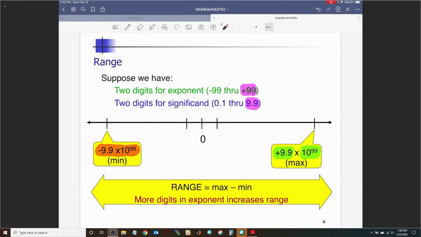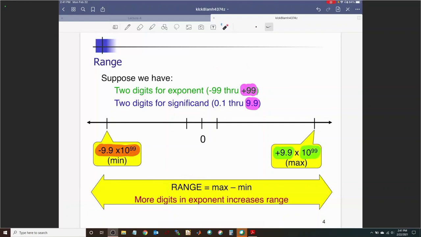Now clearly, if you wanted to increase or decrease the range, it is directly controlled by the number of digits you have for the exponent field, right? So for example, if you had 3 digits, then you could have gone from negative 999 all the way to positive 999, and your range would have gone from negative 9.9 times 10 to the 999 to positive 9.9 times 10 to the 999.